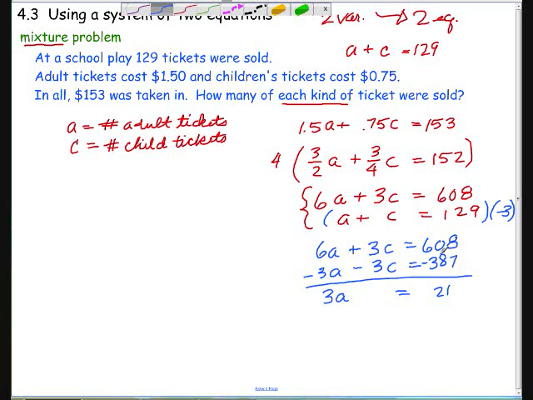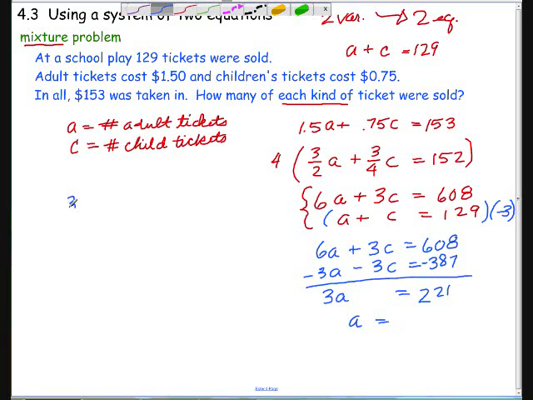And let's see, I had to borrow. Okay, let me just check that. 8. Yeah. All right. So my a is going to be 221 divided by 3. Now I'm really getting nervous.